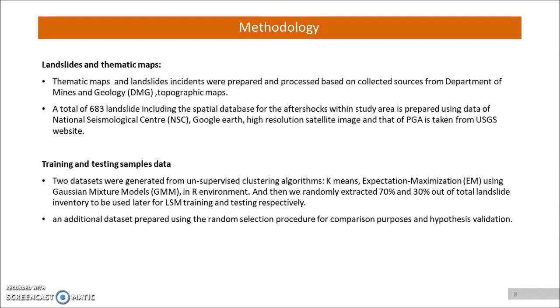We use 70% of the data from the clusters, and we keep the other 30% aside, which was used later for testing the susceptibility map.